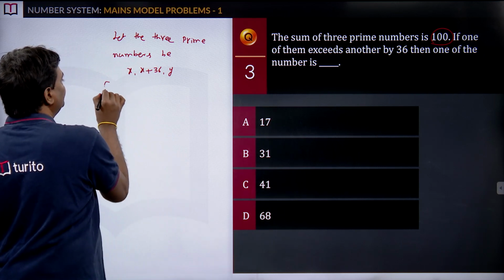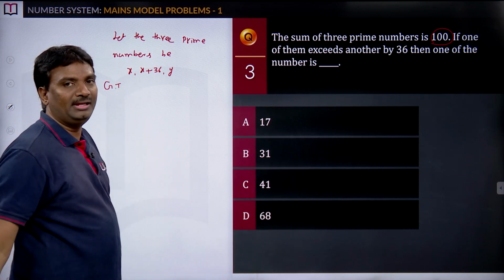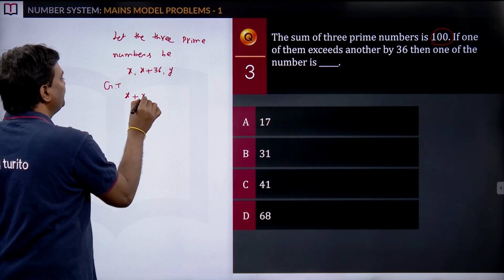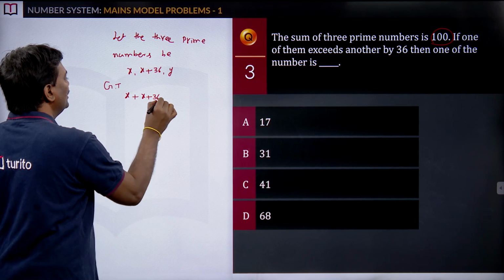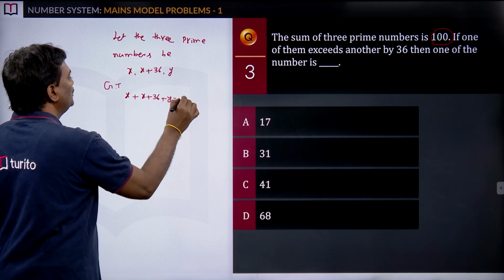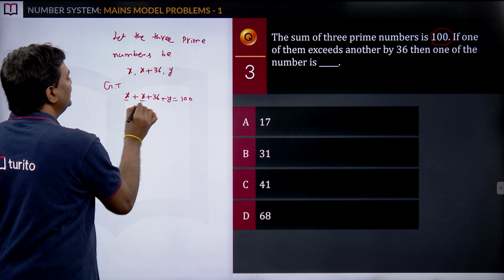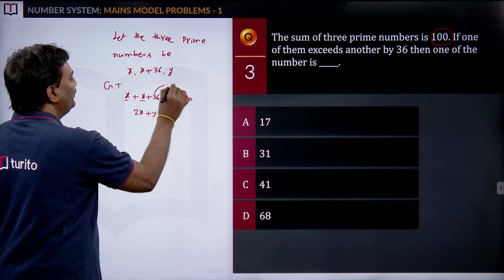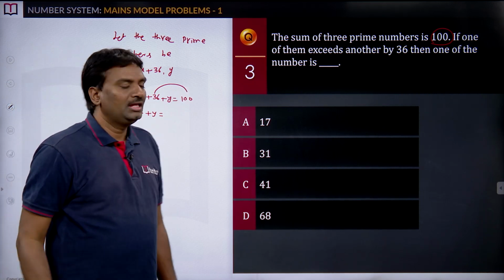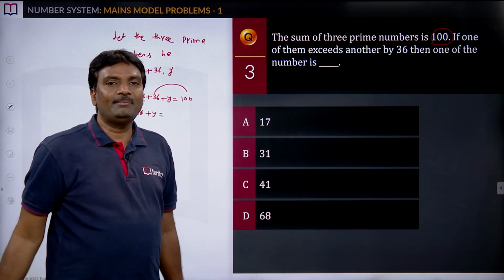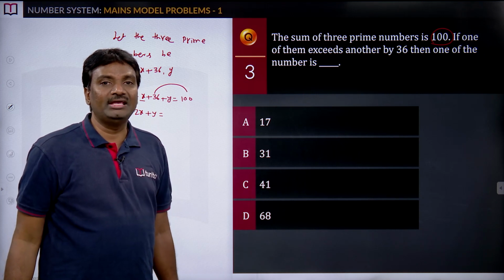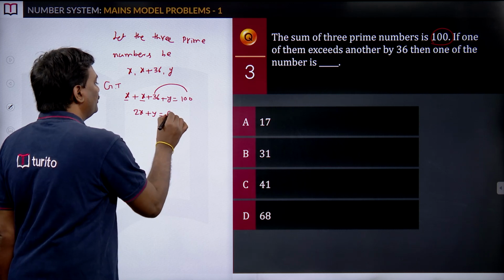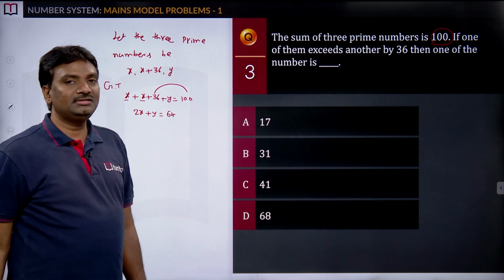So, given that x plus x plus 36 plus y equal to 100, where x plus x is 2x, plus y equal to, if we take 36 to that side, that should be minus 36. So, 100 minus 36, 64.